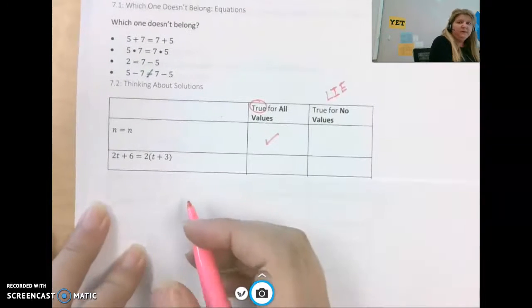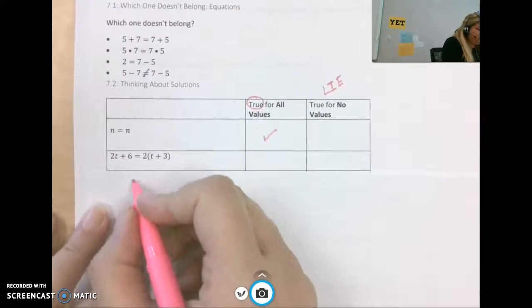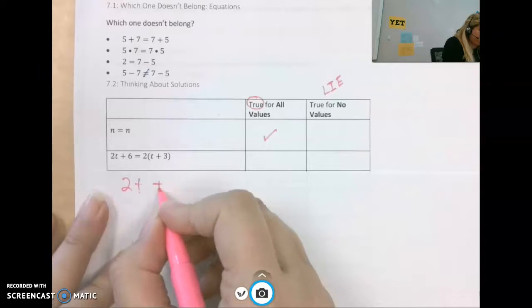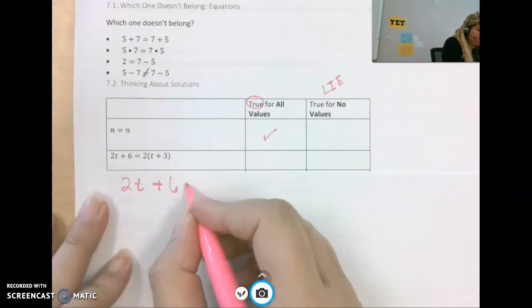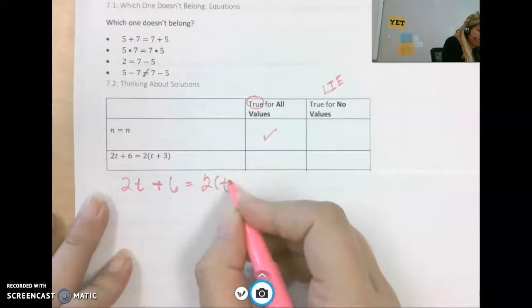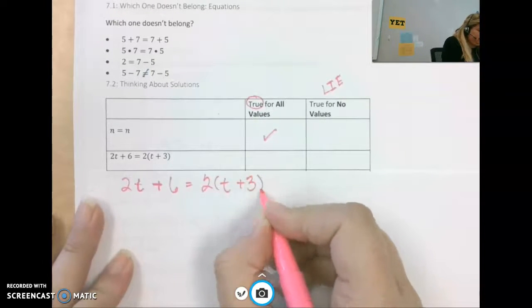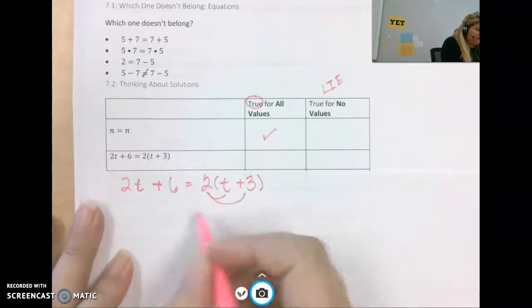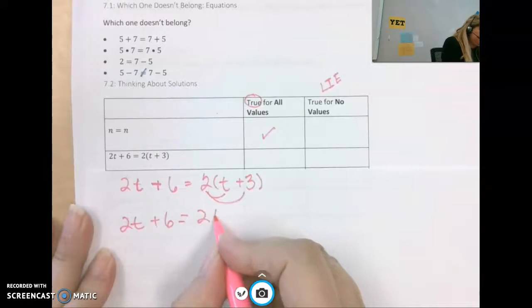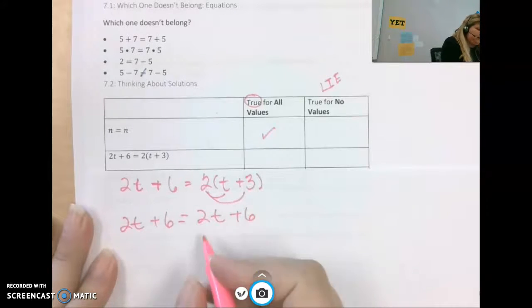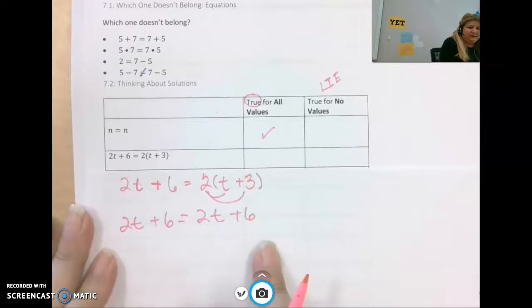Okay. So what I'm going to do is copy it. I usually put a little tail on my t's so that they look like t's instead of plus signs. Okay, so here I can distribute, and I get 2t plus 6 equals 2t plus 6. That's exactly the same.